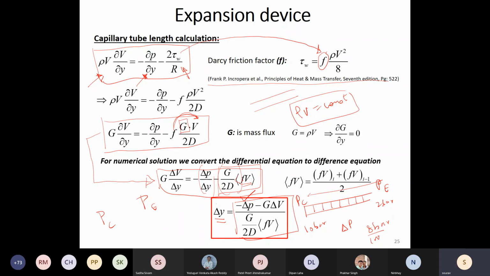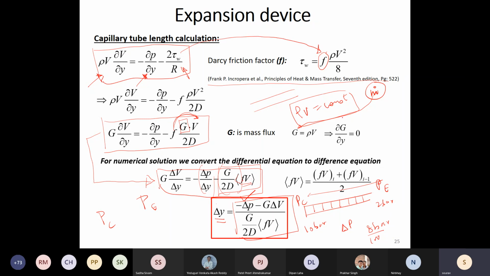Whereas in your fluid mechanics course, you would have actually solved for length being given and you were determining what is the pressure drop. And the information about m dot is in this expression G. So m dot is also given.